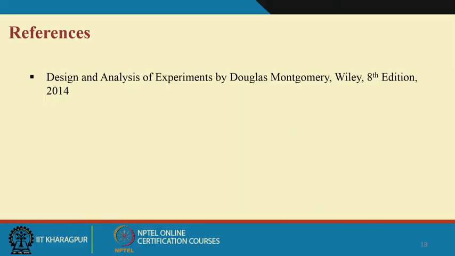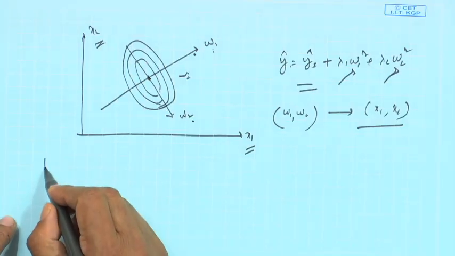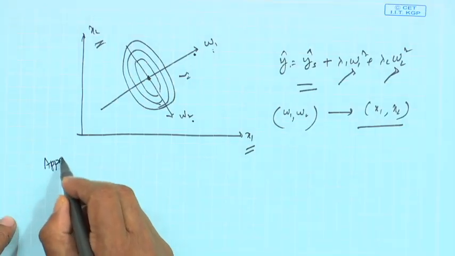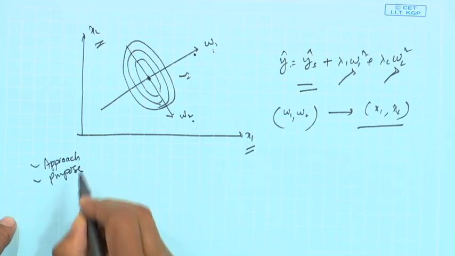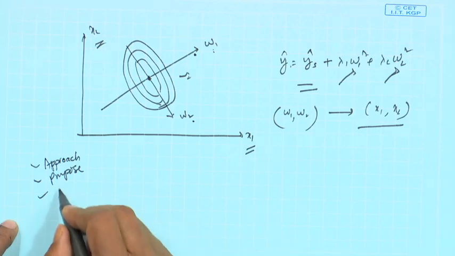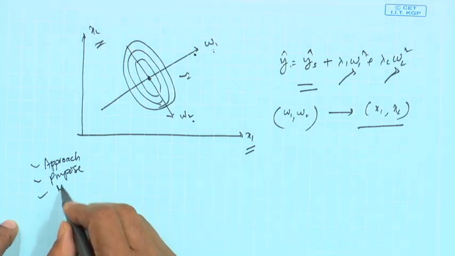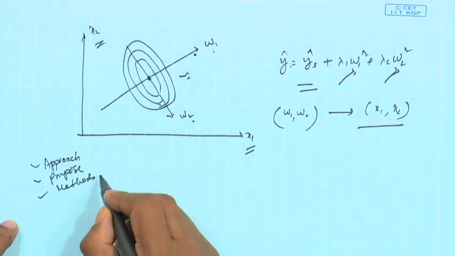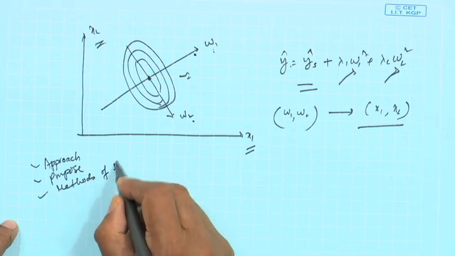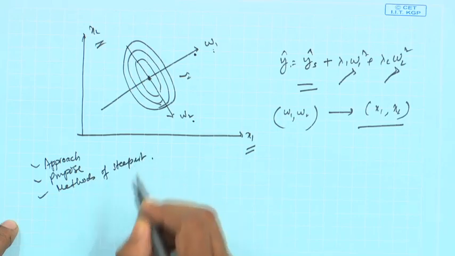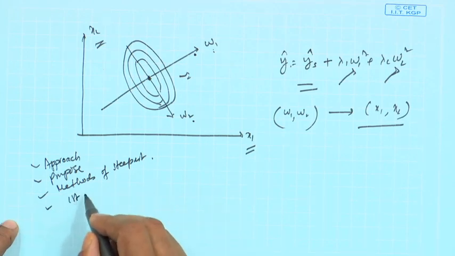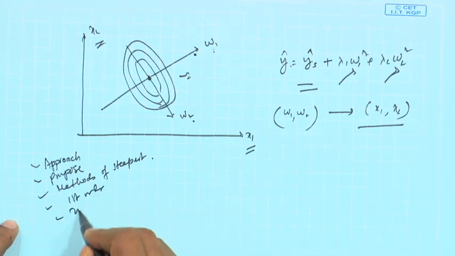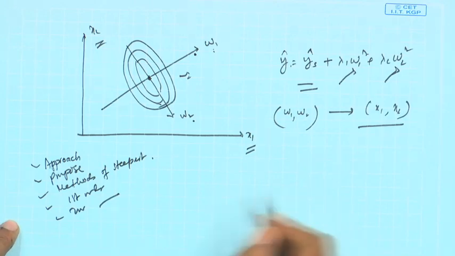So, response surface methodology, I just conclude that we have given you the approach and the purpose, then we have shown you the method of steepest ascent or descent, then the first order regression model, then the second order regression model, and how to compute all those things.